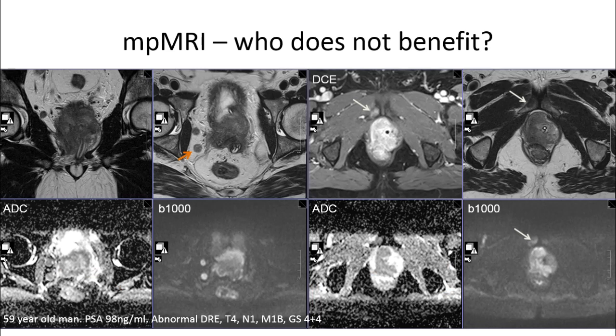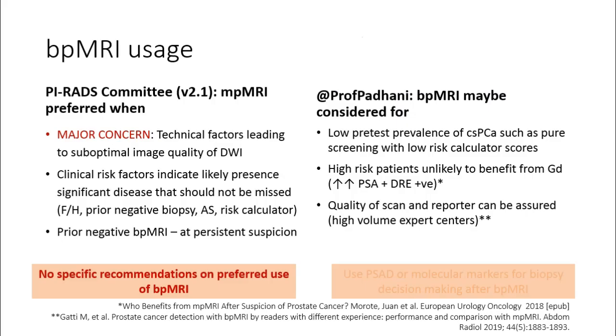So if you had a tumor like this, at 98 PSA, abnormal DRE, then clearly there is no role for giving dynamic contrast enhancement because all the findings, including the bone metastases, are visible using the T2 and diffusion sequences alone. However, we have to assure the quality of the scan and the reporter.